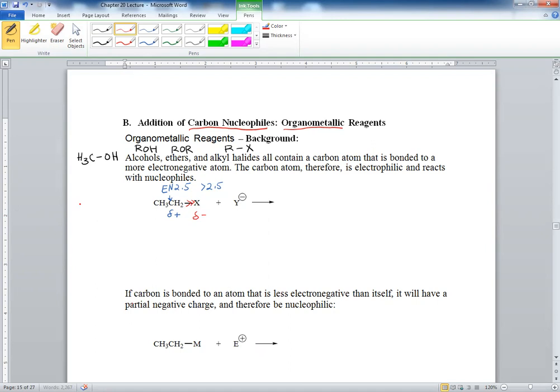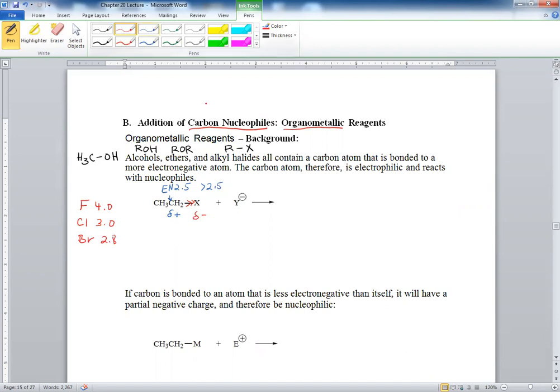If you don't recall that, fluorine, for example, has an electronegativity of 4. Just to give you a few examples, Cl has an electronegativity of 3, and bromine has an electronegativity of 2.8. So they're definitely greater than the electronegativity of carbon.